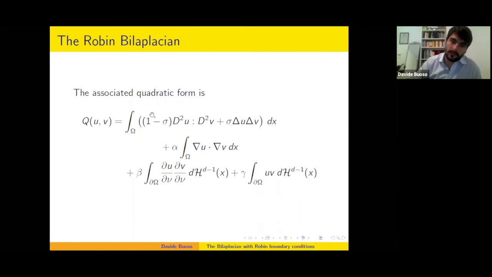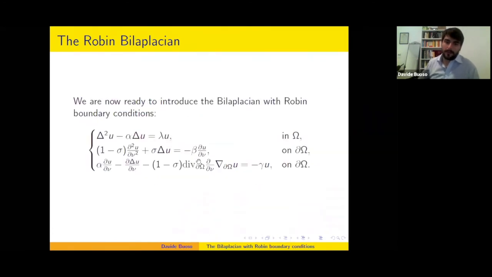if you integrate, moving all the derivatives onto u, and this term will be multiplied by just v. This term will be multiplied by the normal derivative of v. So in a sense, this is the natural problem. Of course, you're completely free to invert them, to write a different quadratic form.